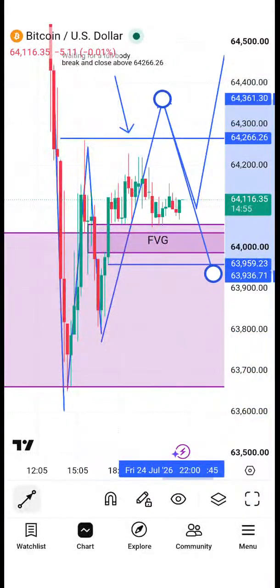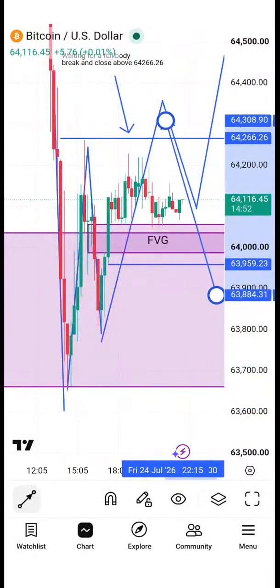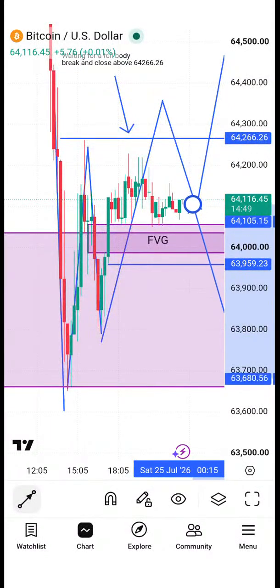Rather, wait for the price to break above. When it breaks above, you wait for it to retest.